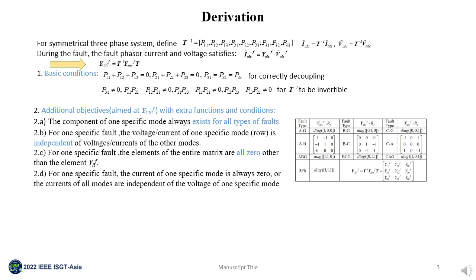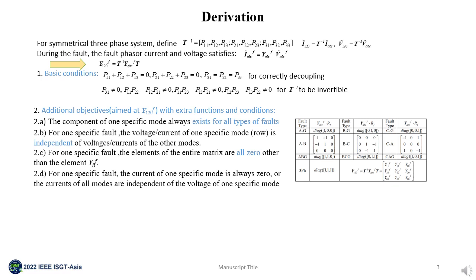To promise complete decoupling, the basic conditions are shown in advance. Furthermore, we put emphasis on additional objectives. They bring more restrictions on the elements of matrices as well as provide better properties.